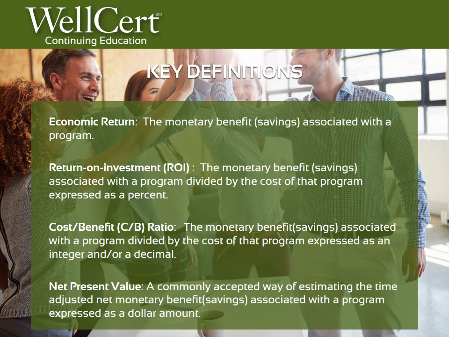So we generally want to look only at NPVs before we have done any programming, and we want to use NPV methodology to determine what the likely return or the likely economic effect of a given activity like a wellness program might be. And this is expressed in a dollar amount. So theoretically, any NPV greater than $1 means that the return is greater than the dollar cost of the program.